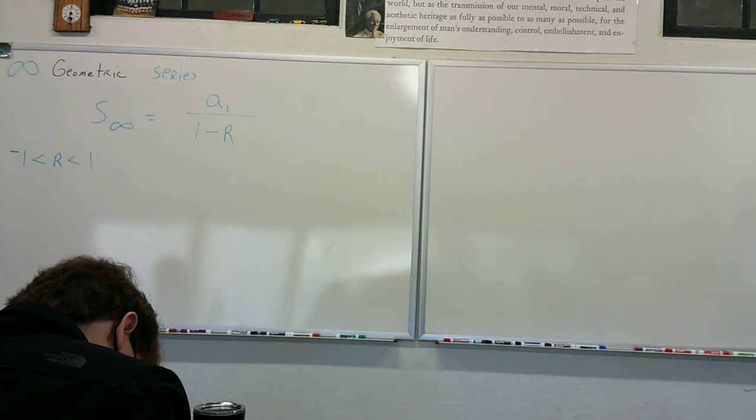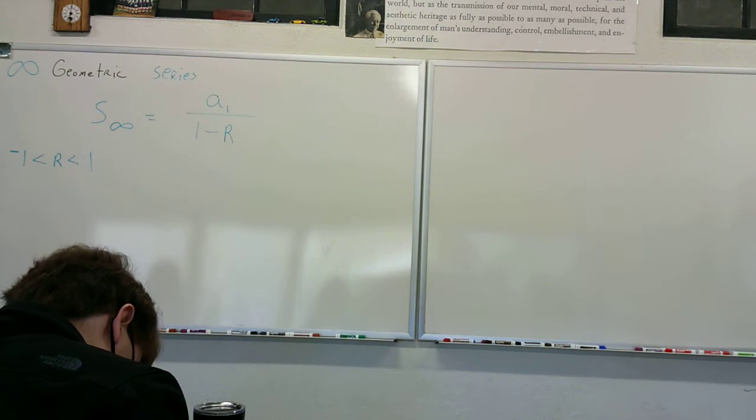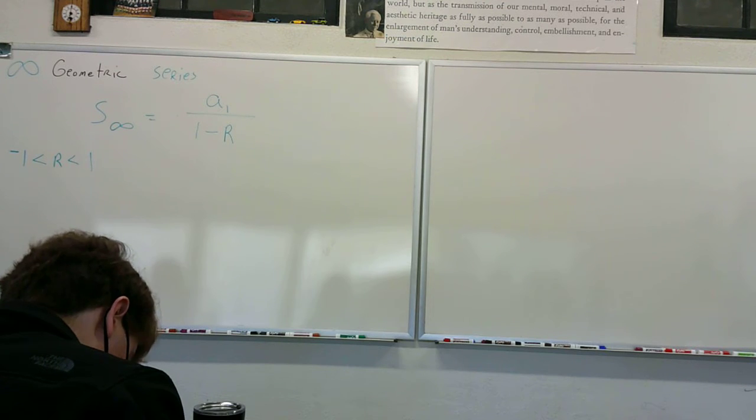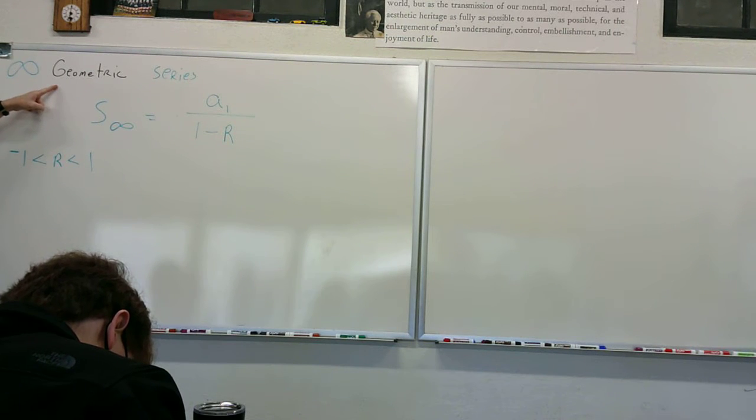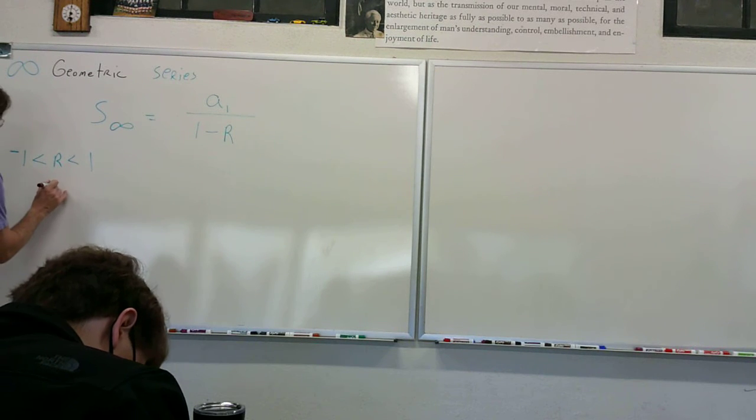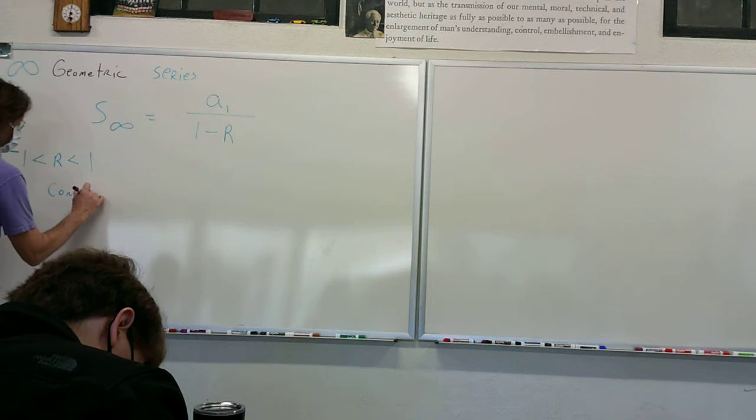Otherwise, this formula doesn't work and you just get an infinite solution. You just get numbers that go off to positive infinity or off to negative infinity, but you don't get a nice, pretty number. For these infinite geometric series to work is called converge. Let me use the real word.